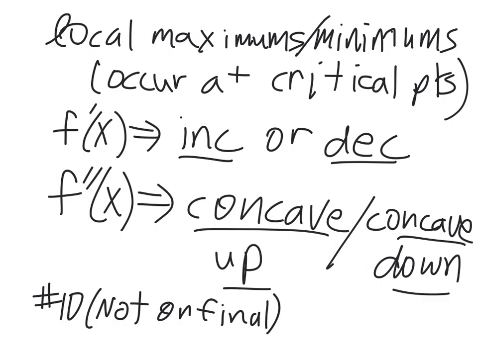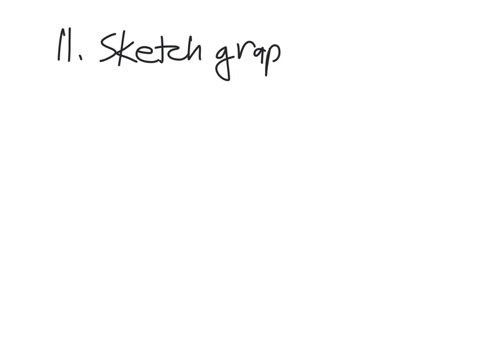But the last three problems, 11, given certain properties, sketch the graph. And this could be where the derivative at some point equals 0, or where the derivative is less than 0 for some interval, where the second derivative is greater than 0 for some interval or at some point.